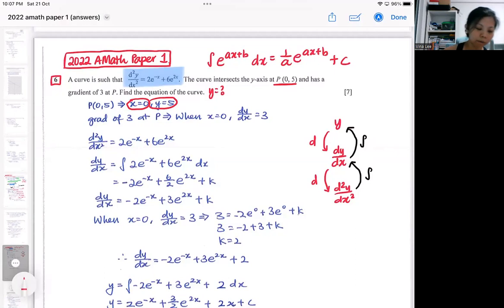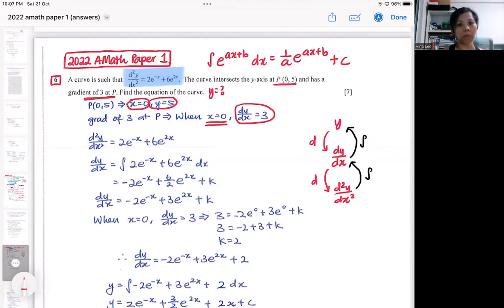It also mentioned a gradient 3 at P. Having a gradient 3 at P means that when x is equal to 0, dy/dx is equal to 3. When we say gradient, it's represented by dy/dx. So these will be the two pieces of information that I will subsequently need to get my unknowns.